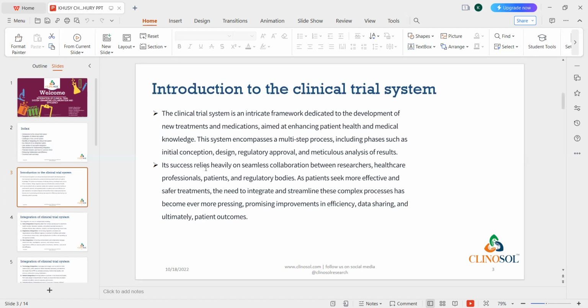Its success relies heavily on seamless collaboration between researcher, healthcare professionals, patients, and regulatory bodies. As patients seek more effective and safe treatment, the need to integrate and streamline this complex process has become ever more pressing, promising improvement in efficacy, data sharing, and ultimately patient outcome.